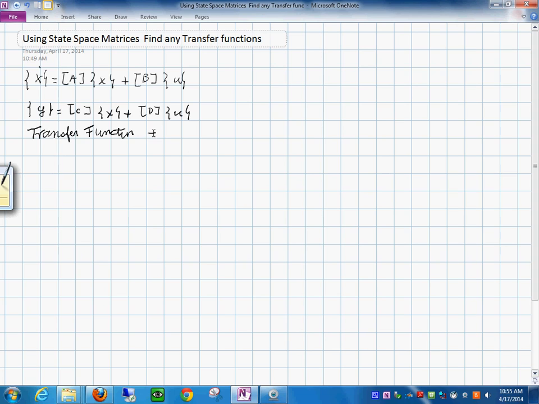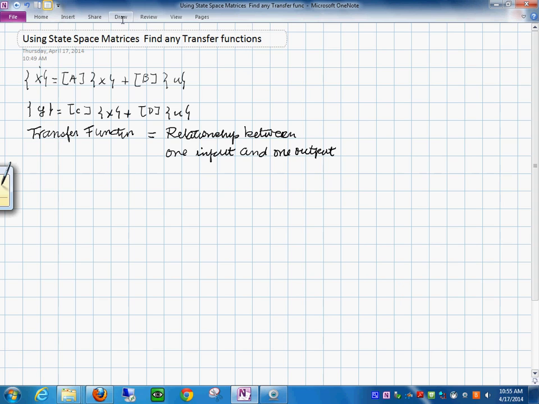A transfer function is always a relationship between one input and one output.